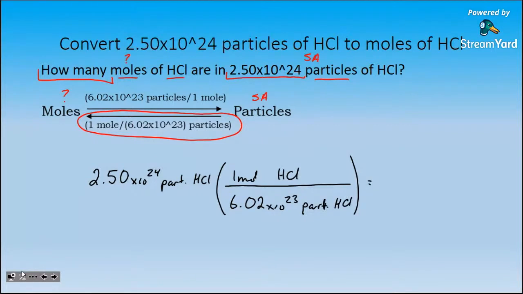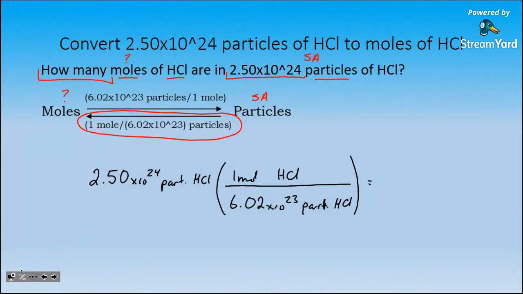And now when we work this problem, this is where using parentheses is very important, or making sure that you're using that exponent key. And in this, there are two different ways to work it. The first way is to do open parentheses, 2.50 times 10 to the 24th, close parentheses, times 1, divide by open parentheses, 6.02 times 10 to the 23rd, close parentheses, and hit enter.